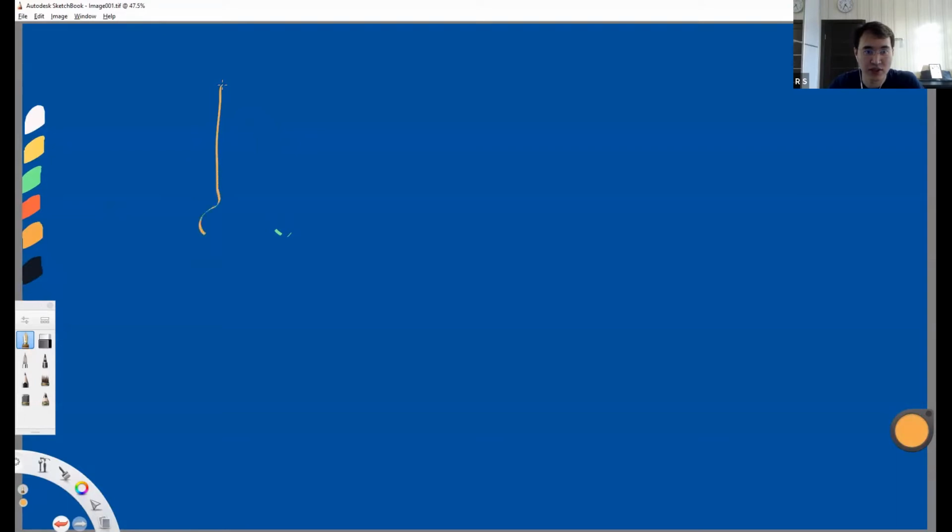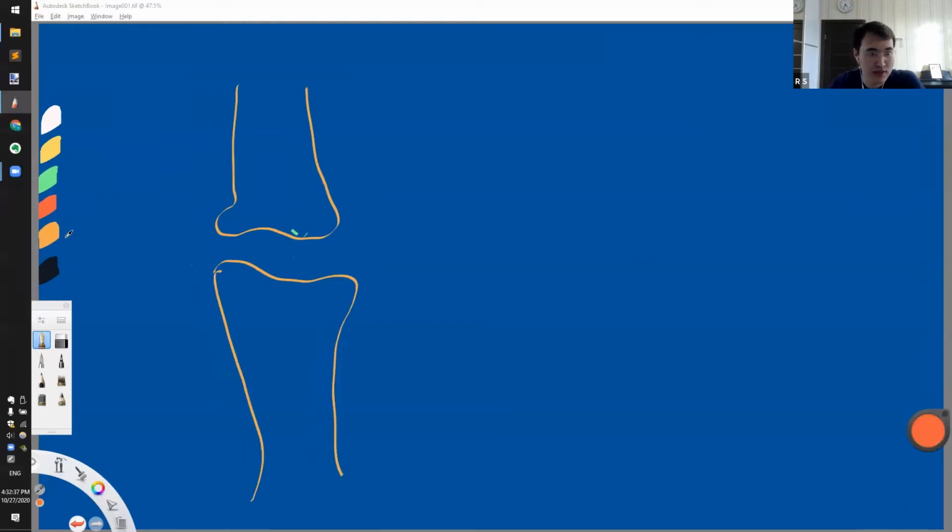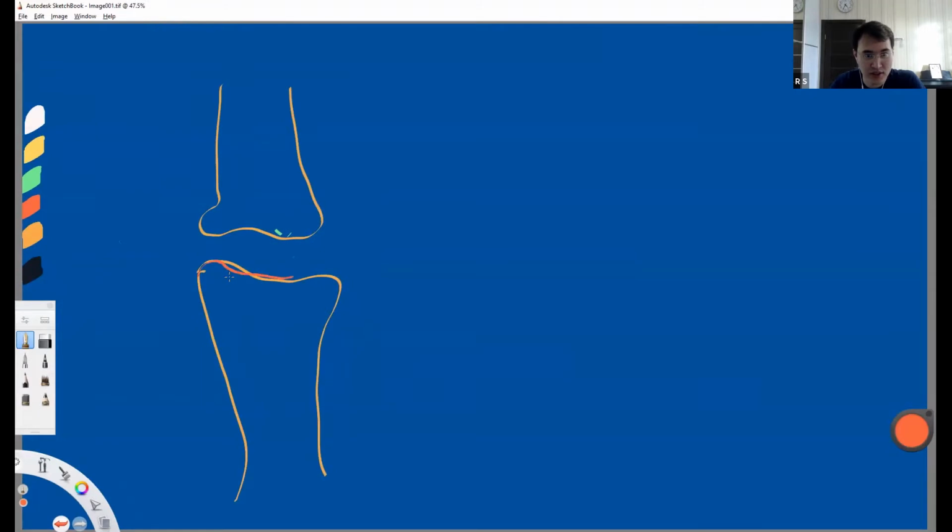So we have the ligaments. Let's say this is bone 1 and this is bone 2. This surface here is usually the cartilage, and it is to reduce the friction between the two bones.